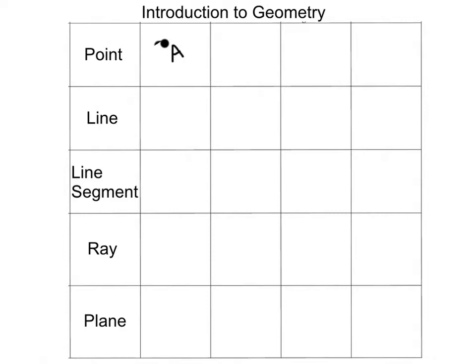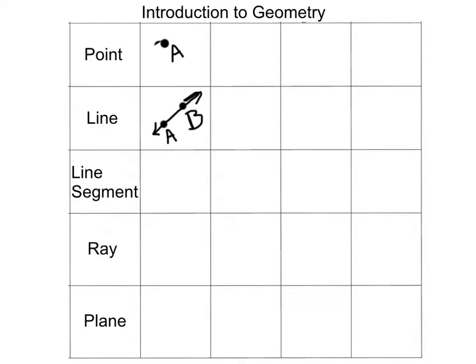But we represent a line by using a more or less straight line with arrowheads on either end, and we label it using two letters typically, and those two letters, in this case, we're going to use 2 points on the line, and we're going to label this as line AB. So there we have line AB.